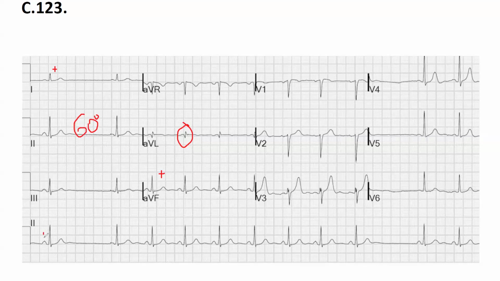There are P waves. Every P wave is followed by a QRS complex. However, in some parts we have no P wave.